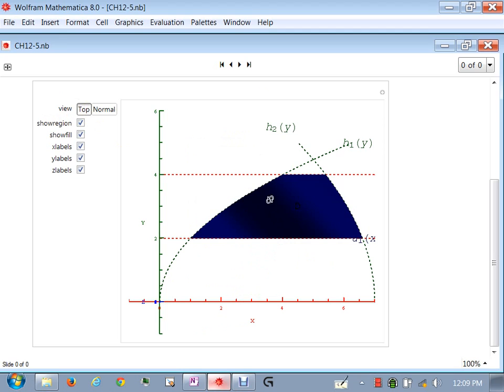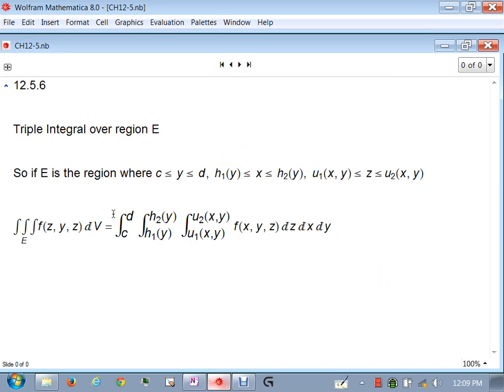That's all dictated by the region on the ground. So here's the triple integral, C to D, H1(y), H2(y), U1(x,y), U2(x,y). Everything's the same except your order out here changed. This is just an extension of what we already did.